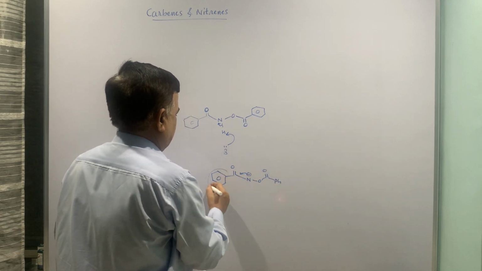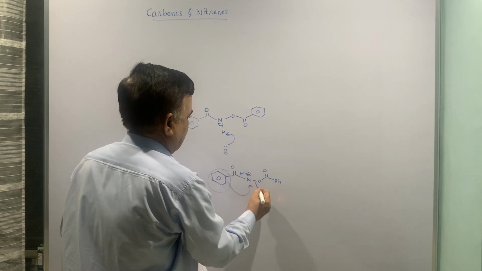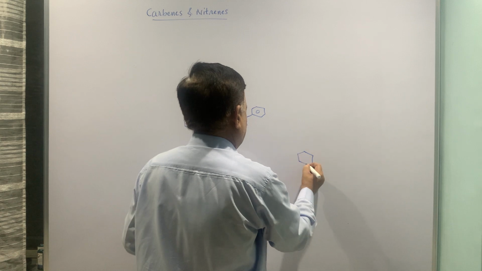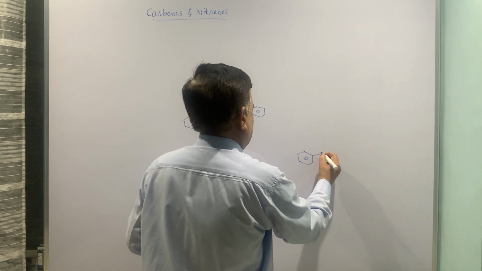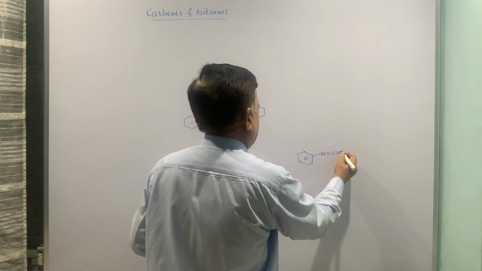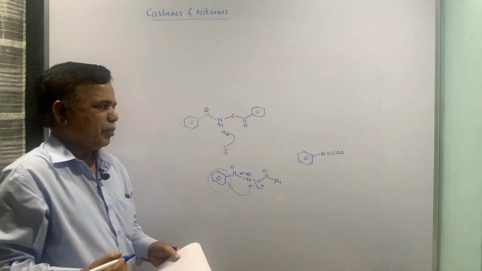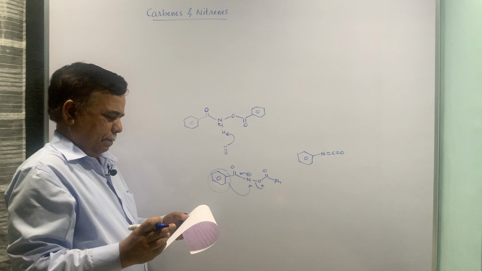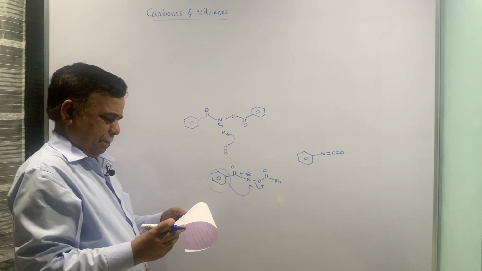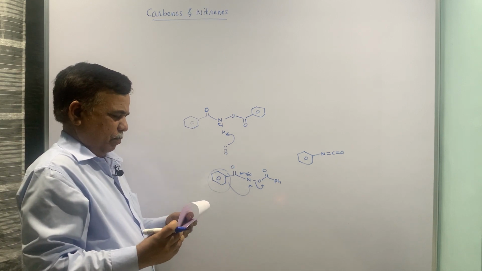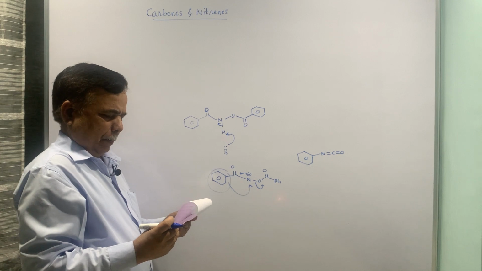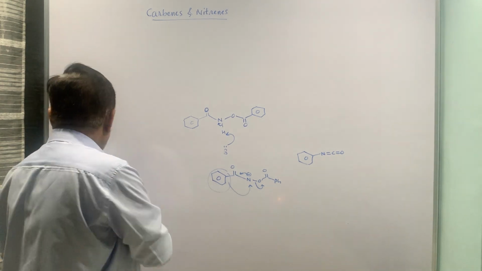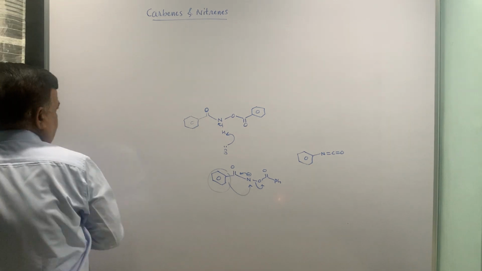This comes back, this moves, and this becomes a good leaving group. So what happens is this becomes isocyanate and eventually it becomes primary amine in due course. Then some representative examples we will have to look at.